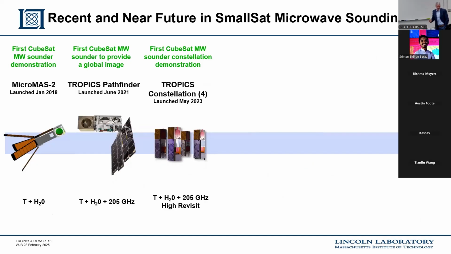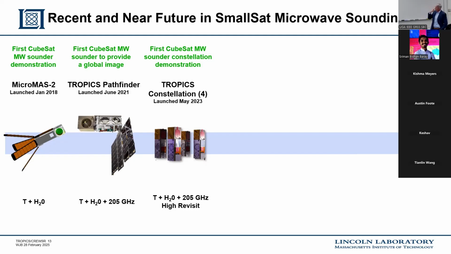Okay, so kind of fast forwarding to where we are now. MicroMAS-2A in 2018 was the first ever CubeSat microwave sounder with a scanning payload. We were selected to do TROPICS. TROPICS was a NASA mission I'll talk about here in a minute in detail. So there was the TROPICS Pathfinder satellite we launched first in 2021. That was the first CubeSat to image the globe, provide those measurements on a global basis.